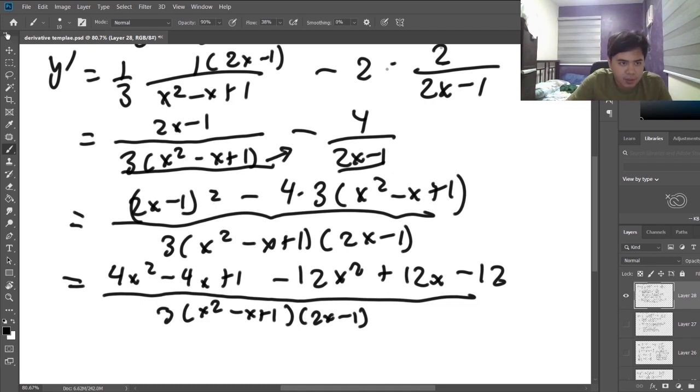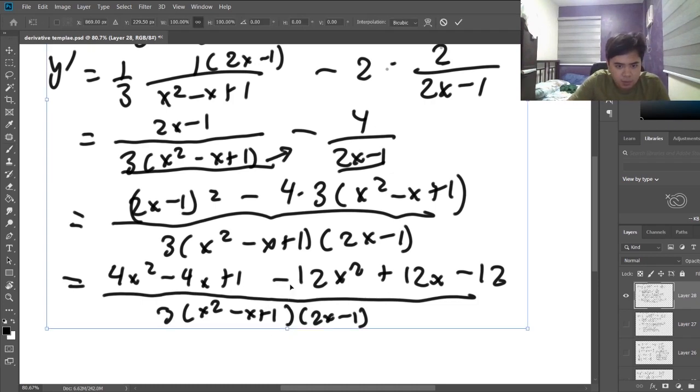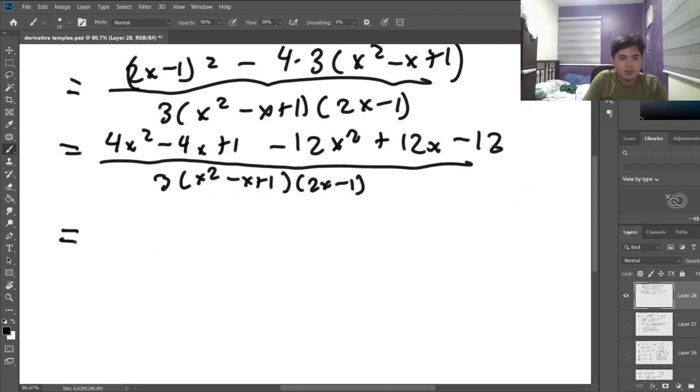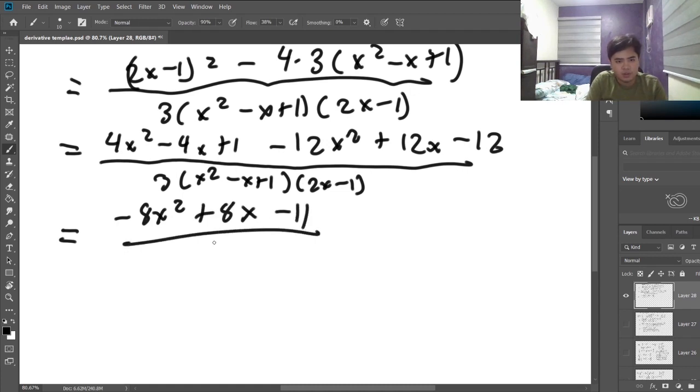So now the final answer is going to be 4x squared minus 12x squared, negative 8x squared. The negative 4x plus 12x is 8x. 1 minus 12 is minus 11, over 3 multiplied by x squared minus x plus 1, then multiplied by 2x minus 1.